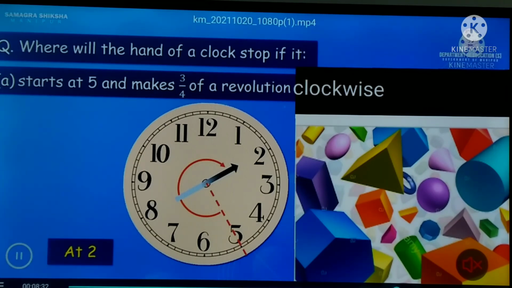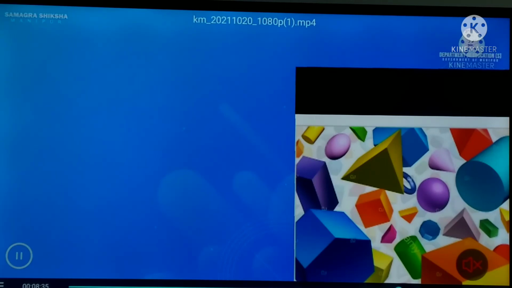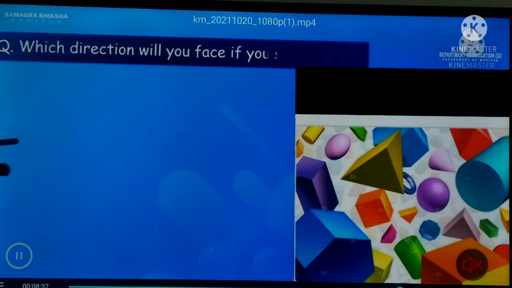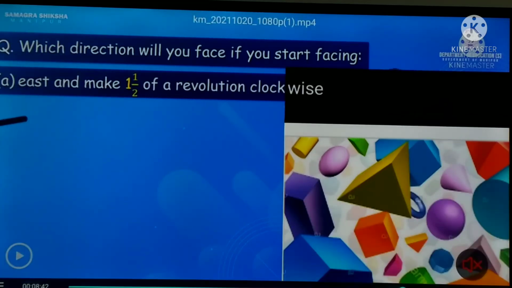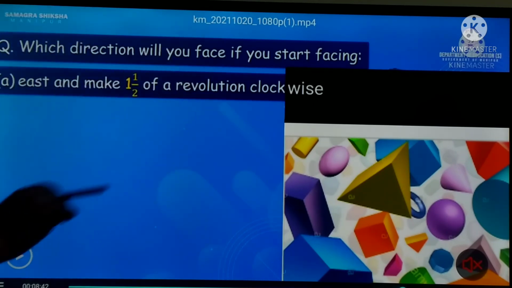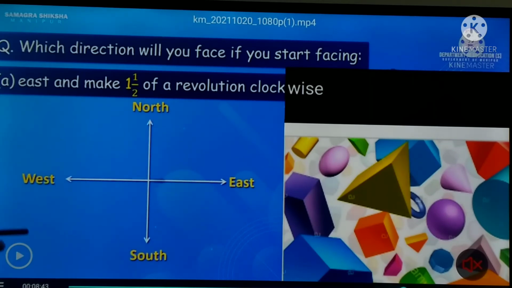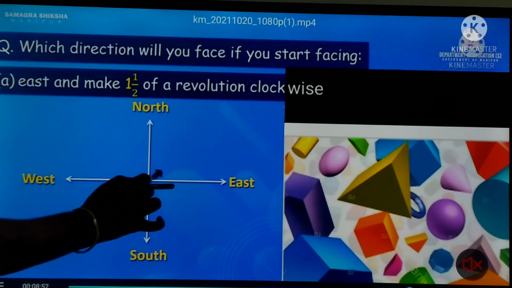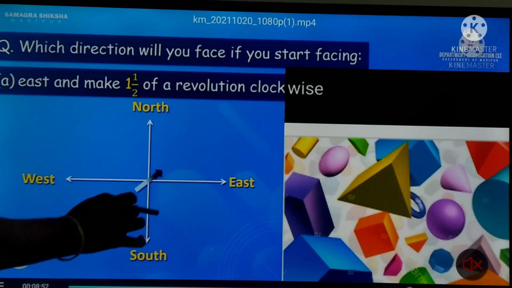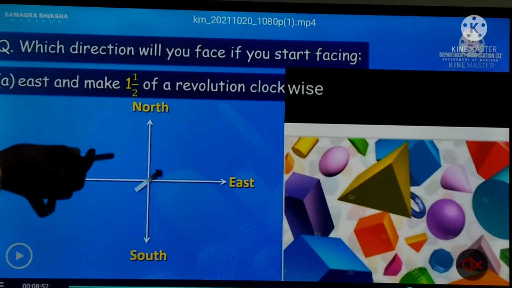And see the next one: which direction will you face if you start facing east and make 1 and a half revolutions clockwise? Here we need the direction. East to east is 1 revolution, and then half more revolution we need to rotate.